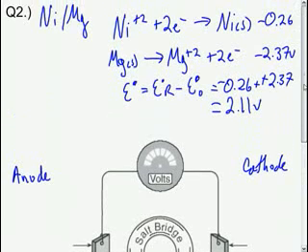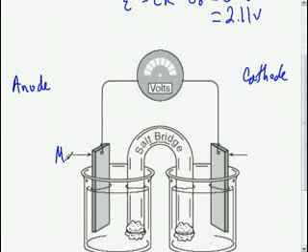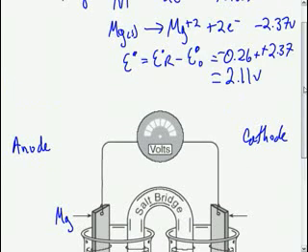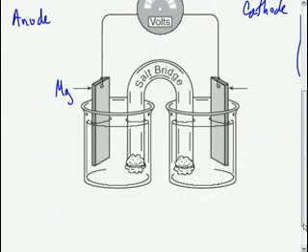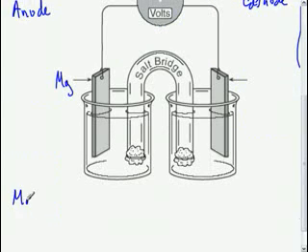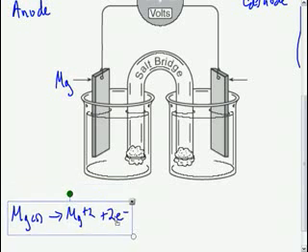Our oxidation, or losing electrons, is the magnesium side, so this electrode will be magnesium. Our half reaction for this side: magnesium solid goes to magnesium plus 2 plus 2 electrons.